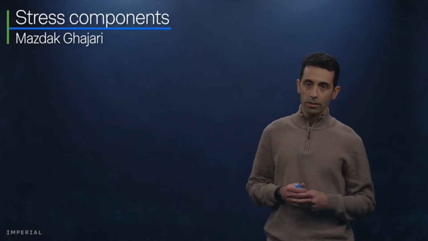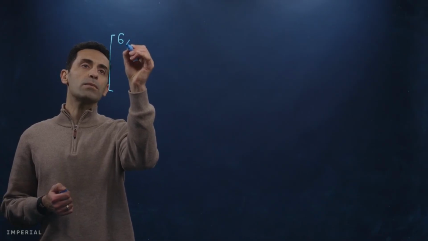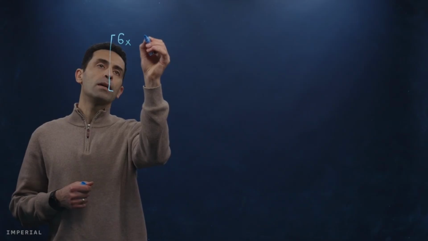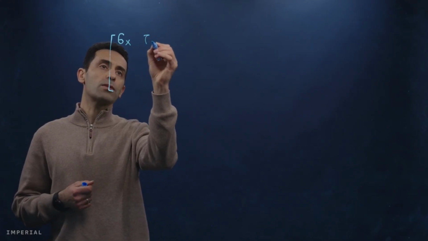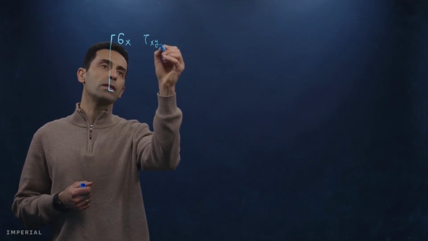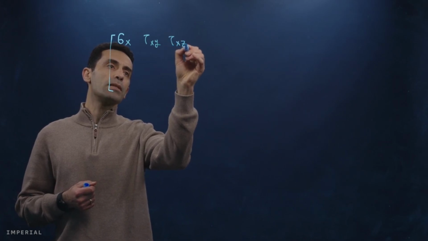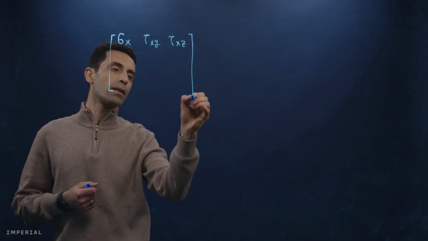We can write the components of the stress tensor in a matrix like this. In this matrix, the diagonal terms are the normal stresses, and the non-diagonal terms are shear. So here we have tau xy, here we have tau xz.